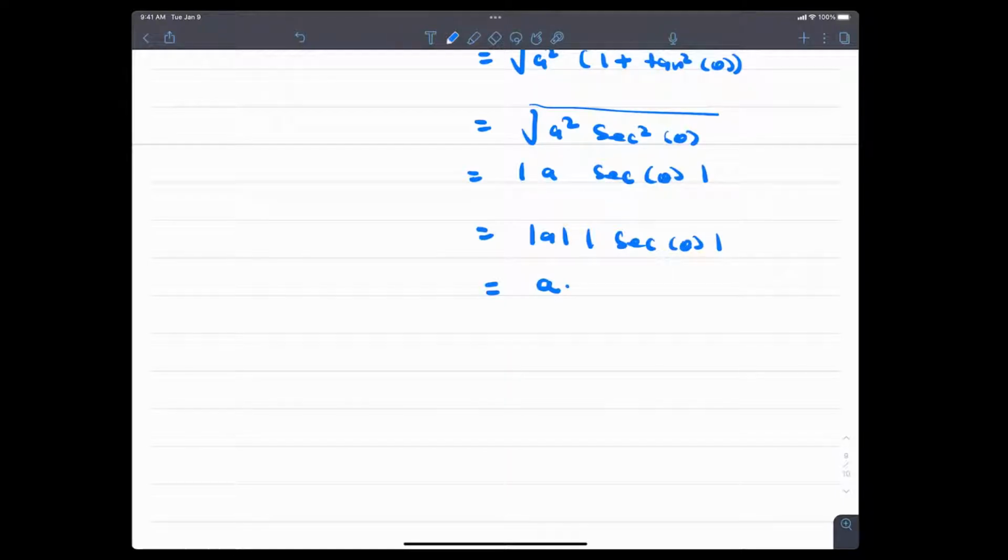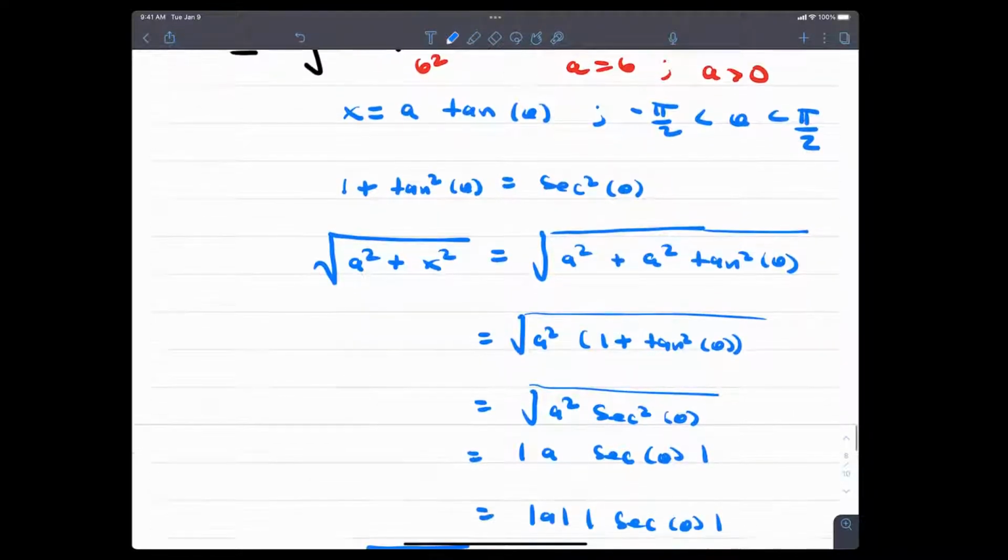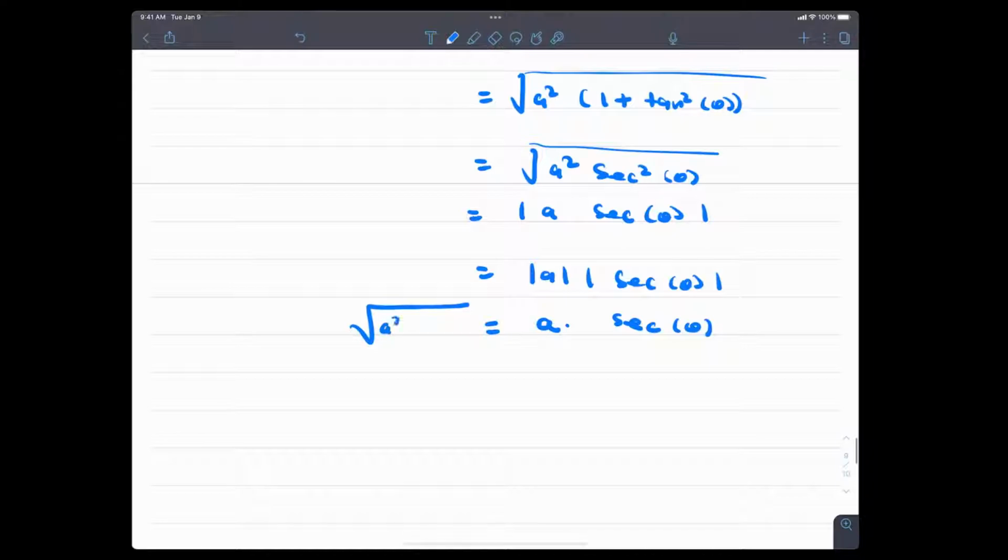And cosine over that interval is positive. So in other words, we are free to remove these absolute value signs. So the point is, you might want to say this in your notes. The radical of a squared plus x squared will always become what? a secant theta. So the radical will always be a secant theta. Okay, so that's kind of what I want to remark.